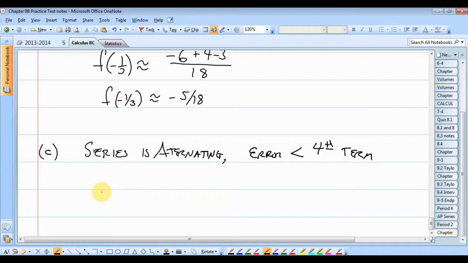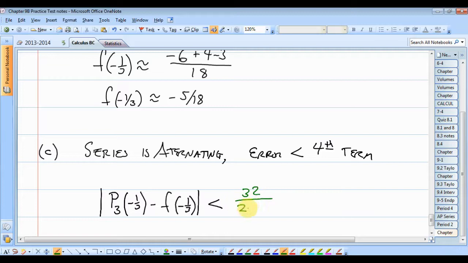So, the first 3 terms was a 3rd degree polynomial, right? So the third degree polynomial evaluated at negative 1/3 minus f of negative 1/3 is less than that fourth term, which we did in green, which is less than 32 over 243.